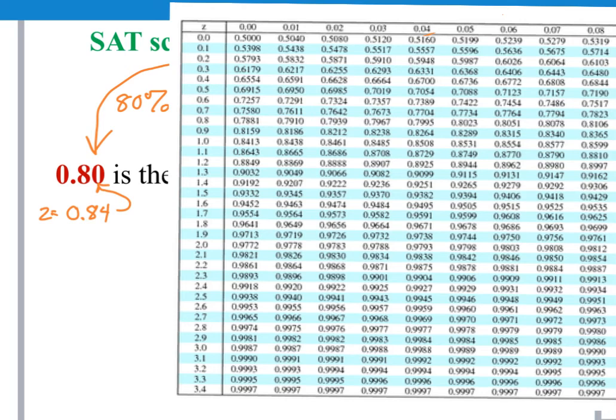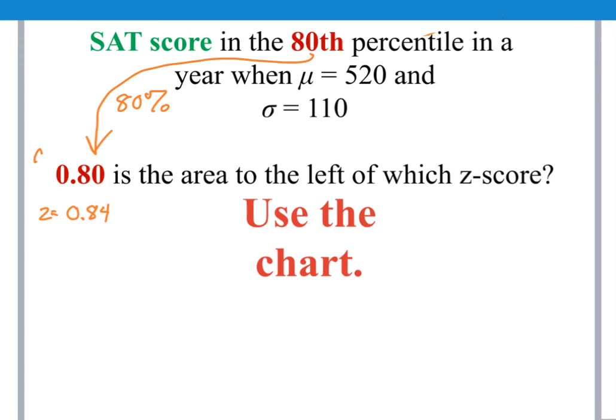Let's remove the chart. So once again, we started with the percentile, which is an area, and we moved to the z-score. We still do not know the SAT score that we're looking for. We'll use the z-score formula to find it. So when we calculate a z-score, we're looking at the value minus the mean divided by the standard deviation.